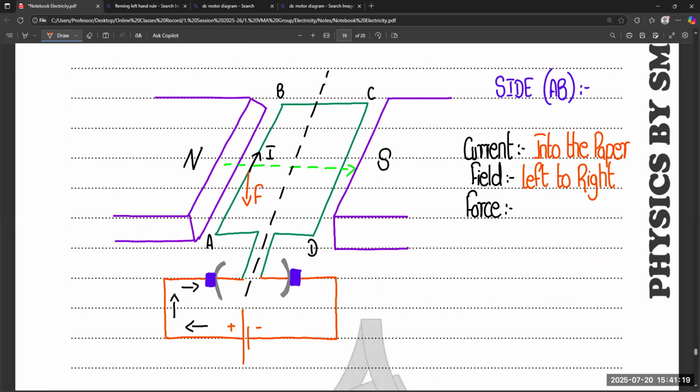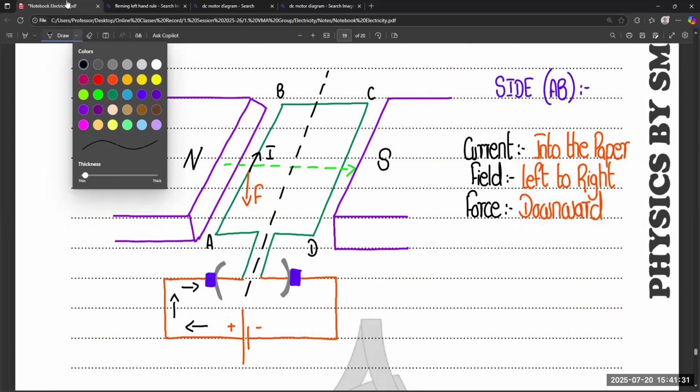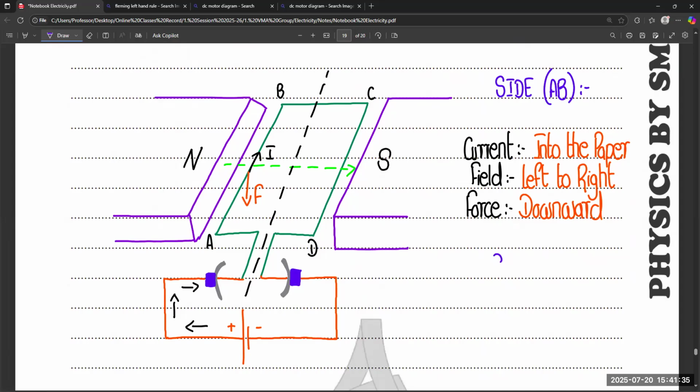And what about side CD? If you consider side CD, in side CD we have only one change, the direction of current.